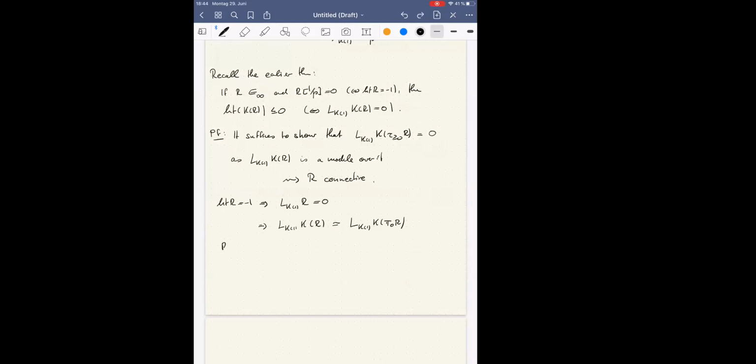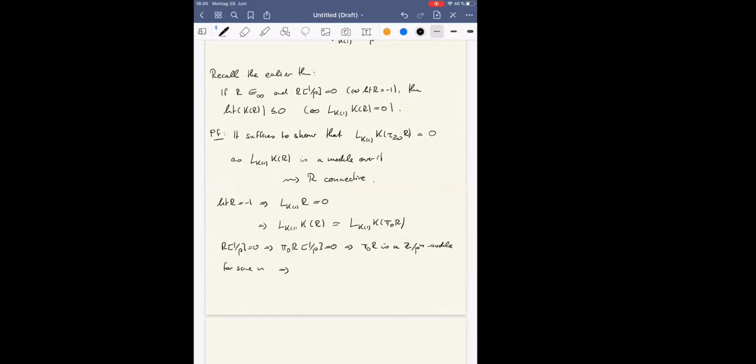As R 1 over P is 0, it follows that pi 0 of R 1 over P is 0. So it follows that pi 0 R is a Z mod P to the n module for some n.